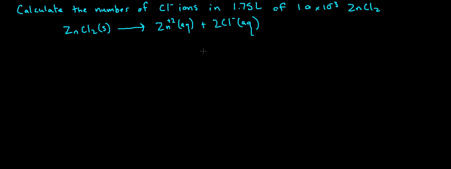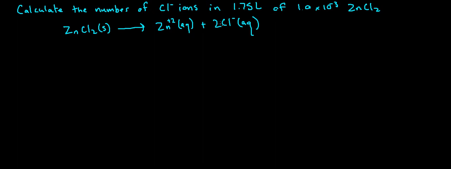So what this problem wants to know is, what is the total amount of chlorine ions if I dissolve 1.0 times 10 to the minus third molar zinc chloride into a 1.75 liter solution. Zinc chloride dissociates into one zinc ion and two chlorine ions. So right away I know that this is going to be double.